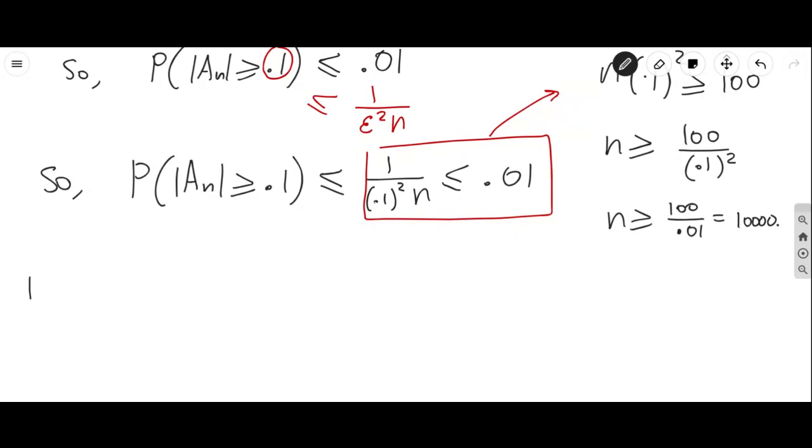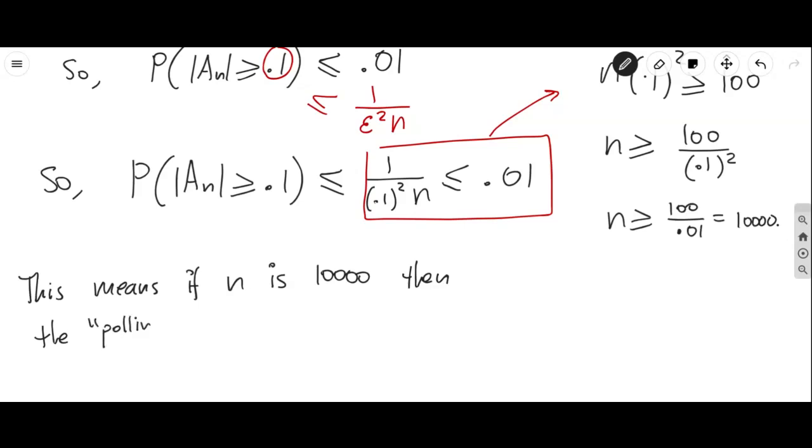So what does this mean? So this means if n is 10,000, then the polling average is within 0.1 of the right answer.